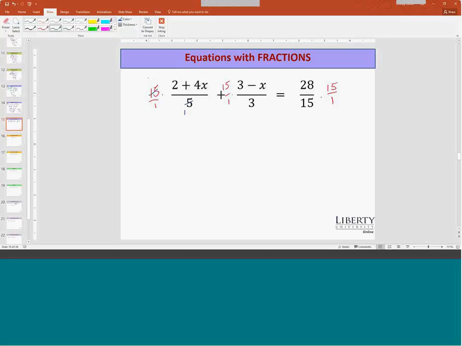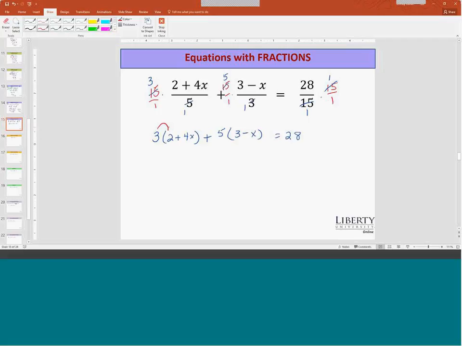We can cancel the 5 out of this 15, leaving just 3 times the numerator, plus 6. We can cancel this 3 with the 15, leaving 5 times the numerator in this fraction. On the right, the 15 in the denominator will cancel with the 15 in the numerator, leaving just 28 over 1, or 28.